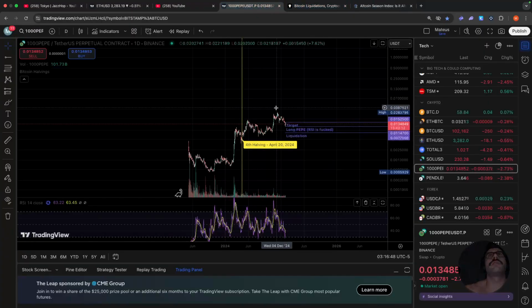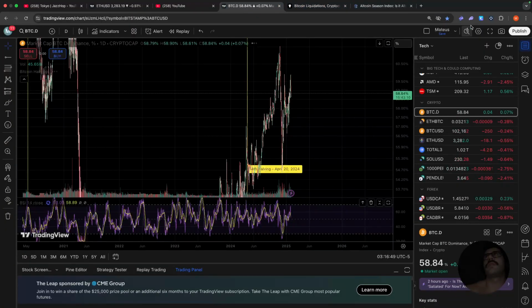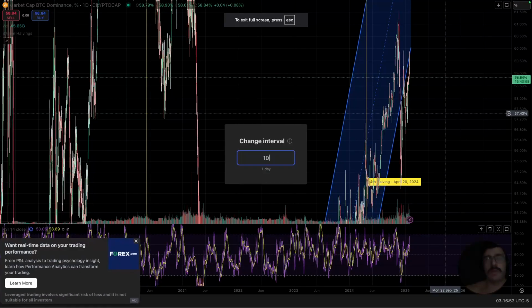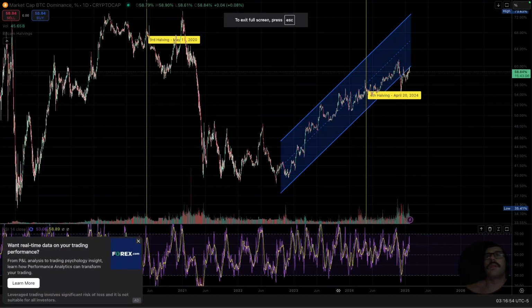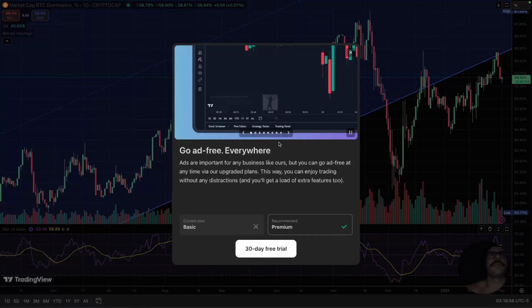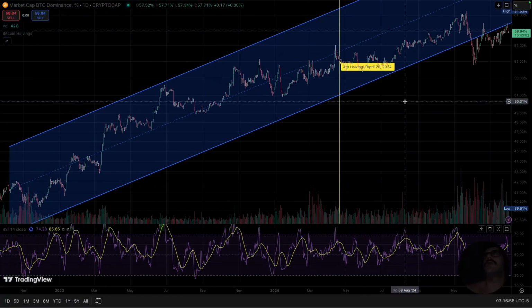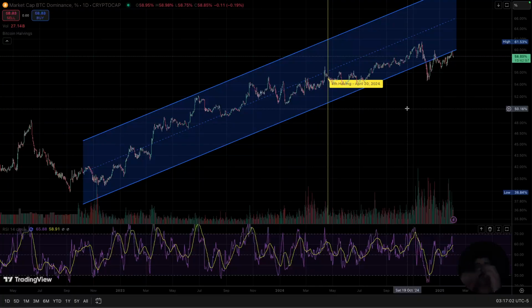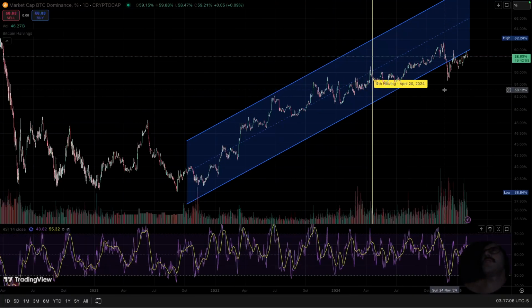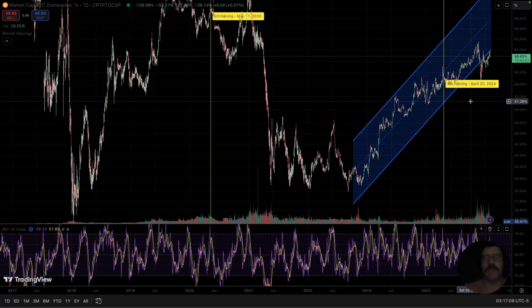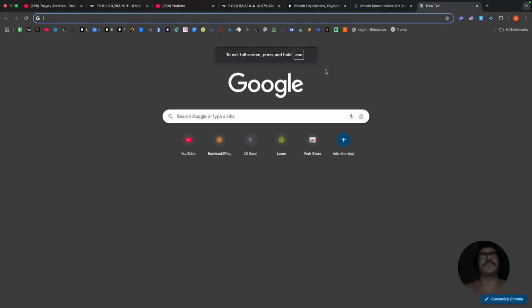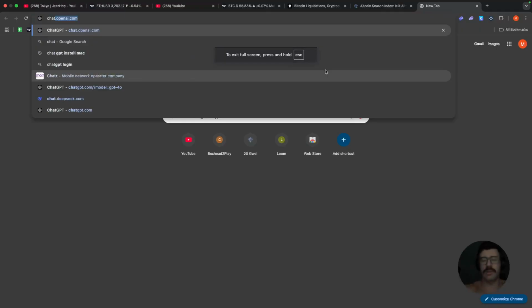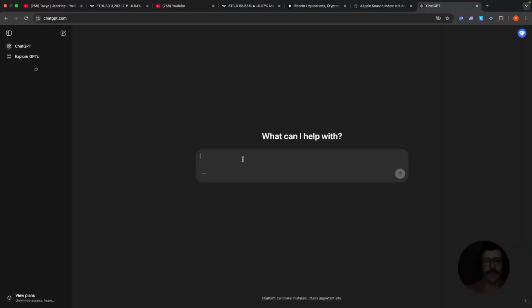I also like to look at the Bitcoin dominance. This chart is very important to know if we are in alt season or not. Why? Because this chart shows, out of all the money in crypto, which percentage is in Bitcoin. I'm not sure if it includes USDT and stablecoins in general. Let me just ask ChatGPT very quickly here.